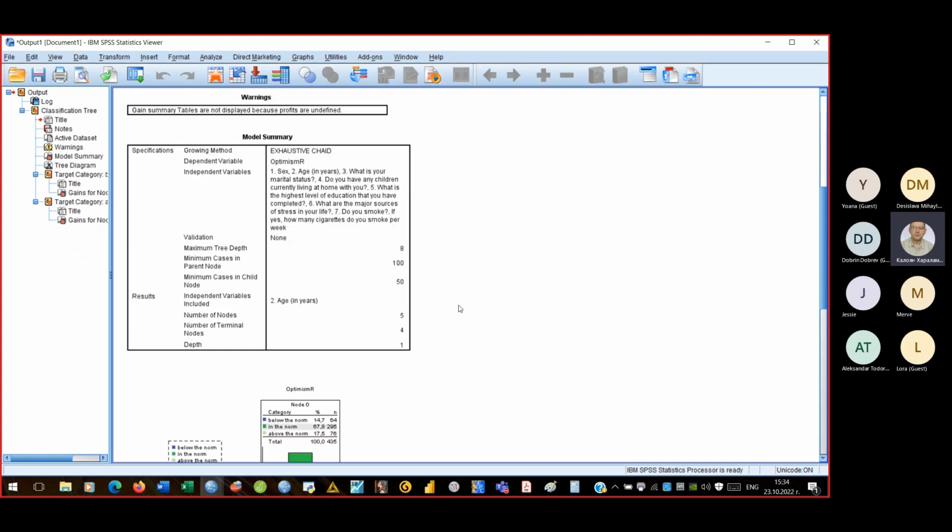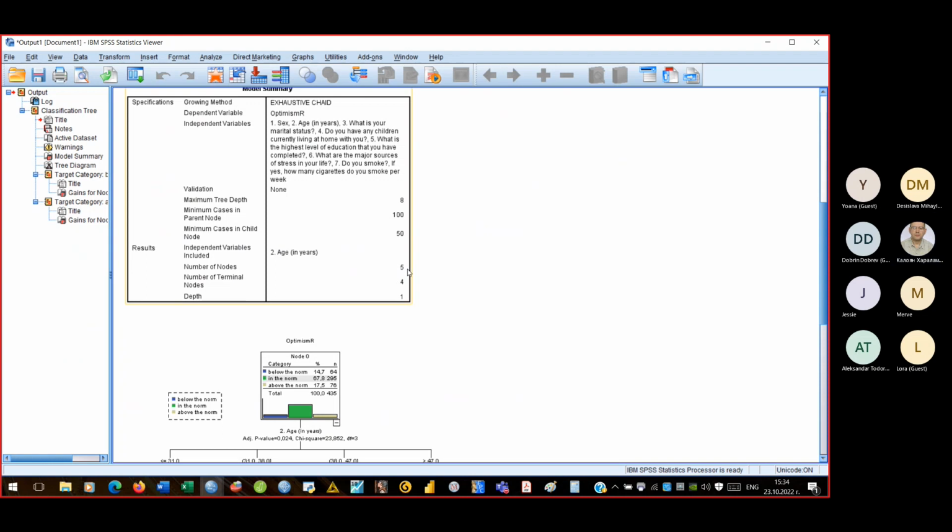And in this part, we can see that there is only one independent factor. That means that there is only one relation between age and optimism.